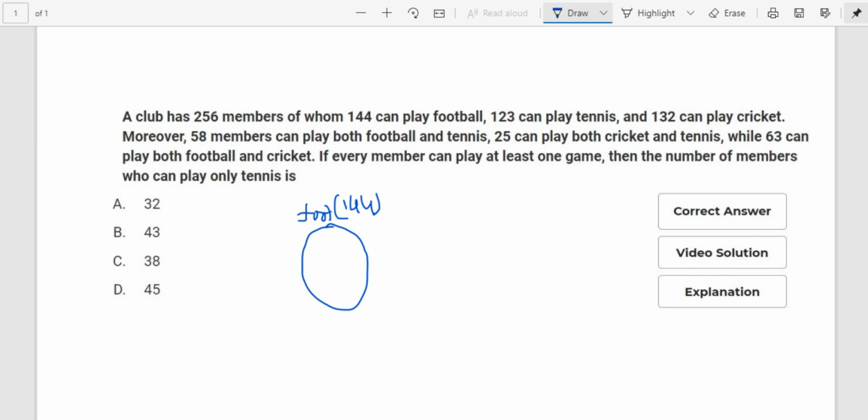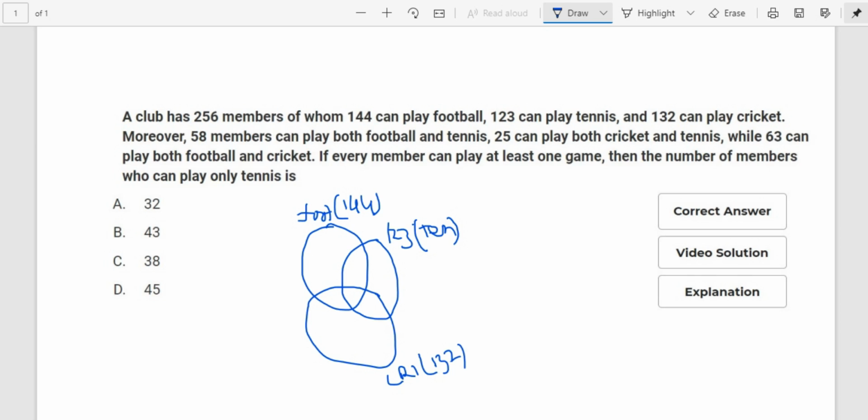And 123 can play tennis, so draw another circle, 123, isn't it, can play tennis. So tennis is played by 123 and 132 will be played by cricket. Let's write this, 132.